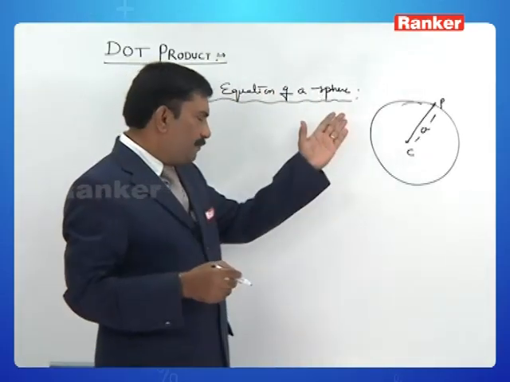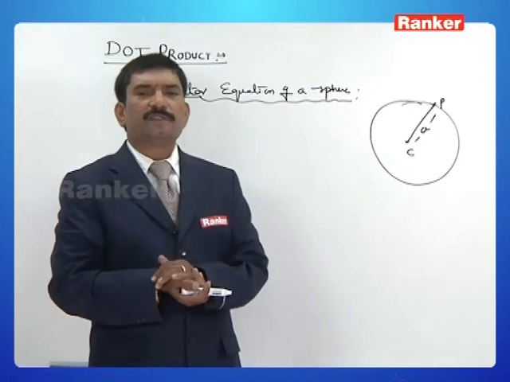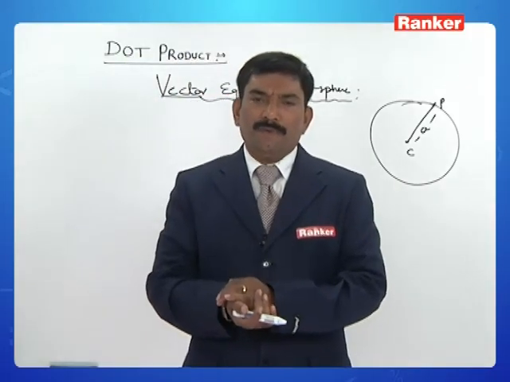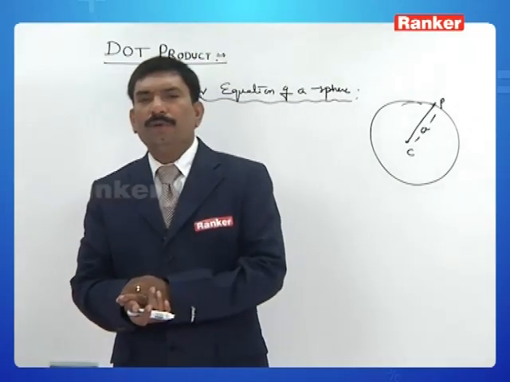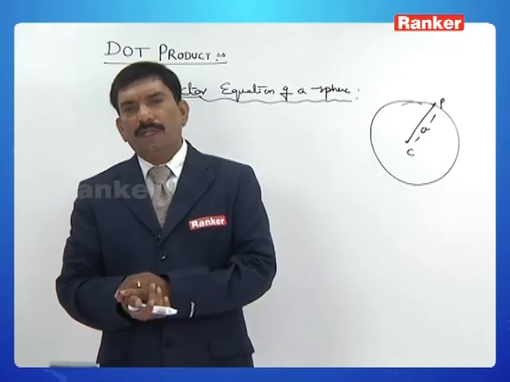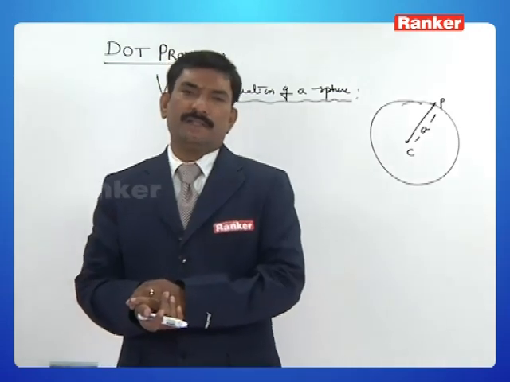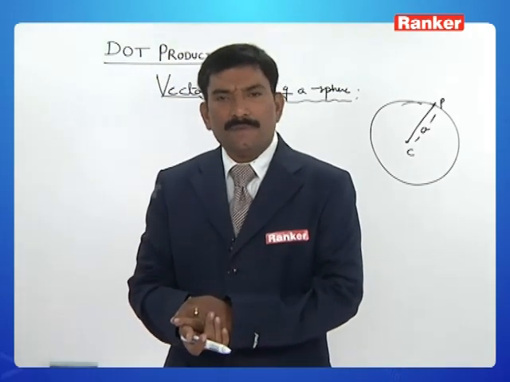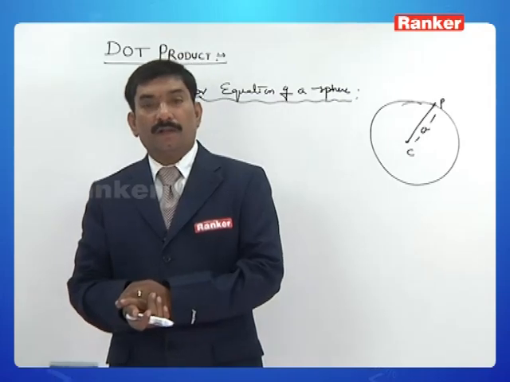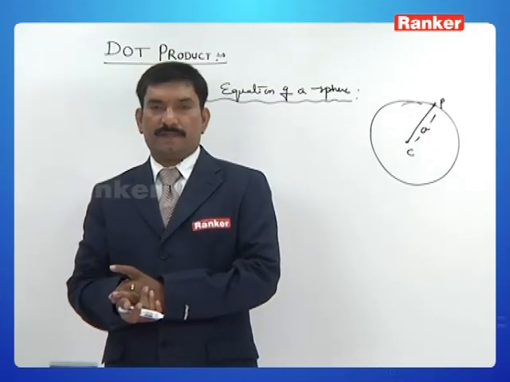Then the locus of P is called a sphere. With that concept, I want to find the equation of a sphere having the center C, whose position vector is C bar, and radius A units.